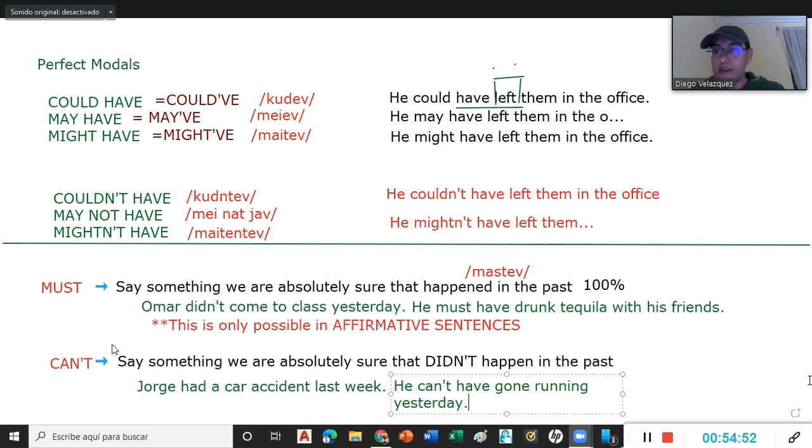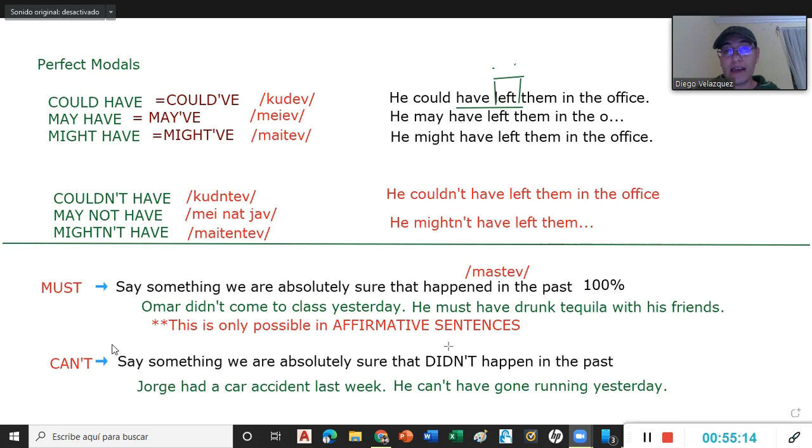What happens in here? Considering that Jorge had a car accident, I think it's 100% impossible that he went running yesterday. Why? Because he had a car accident. I think it's impossible that he went running with the car accident, okay?